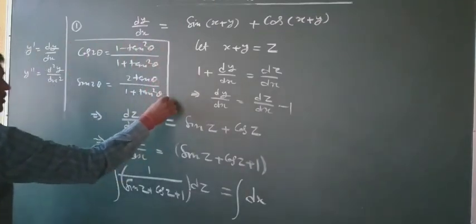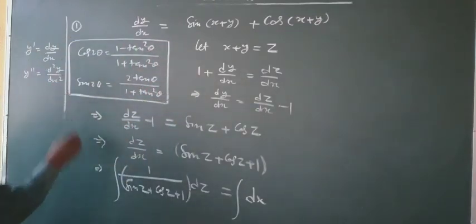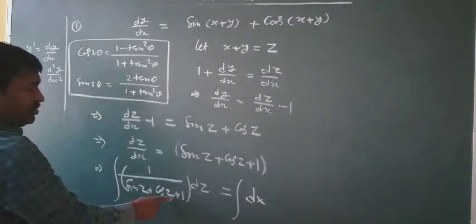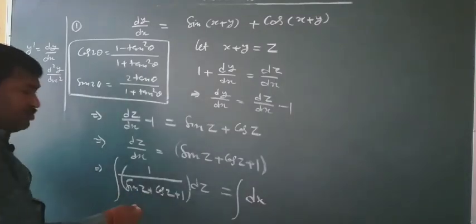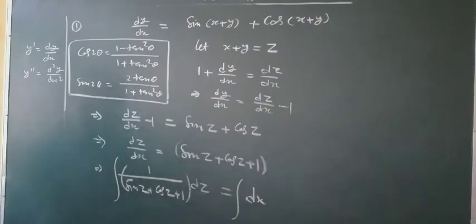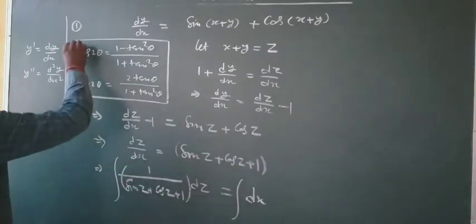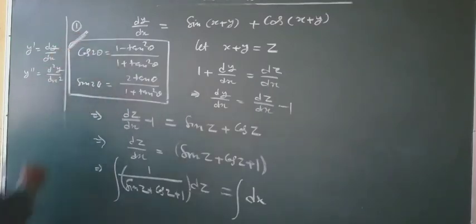By using these two relations, you can put the values of sin theta and cos theta, meaning in place of theta you can take z. Thereafter you can integrate. So for this integration, you have to learn these relations.